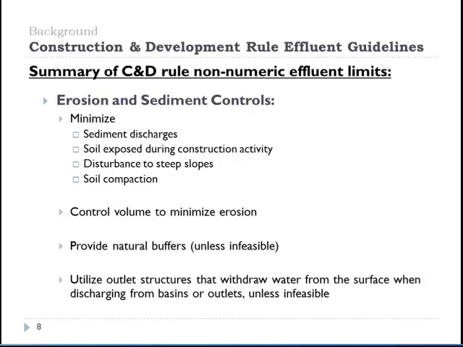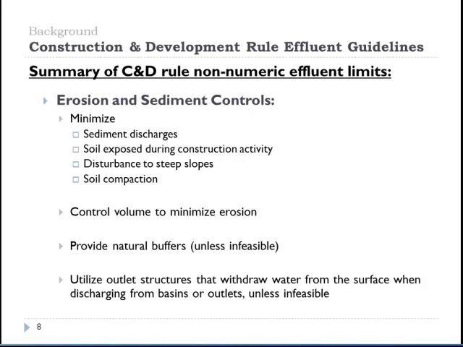So now, just to focus on the first component of the C&D rule, the non-numeric effluent limits. These, again, are the component of the C&D rule that's effective and required to be implemented in permits. There's first a set of erosion and sediment controls that are included in those limits, and several of them require that aspects of stormwater discharges be minimized, and those include minimizing sediment discharge, minimizing soil exposed, minimizing steep slope disturbances and soil compaction.